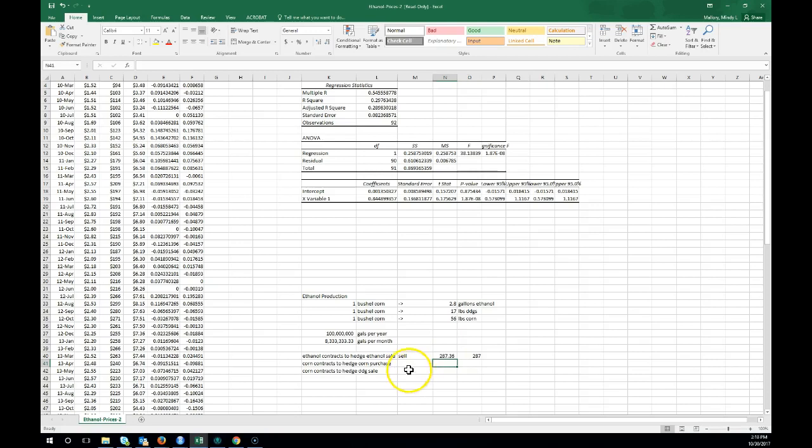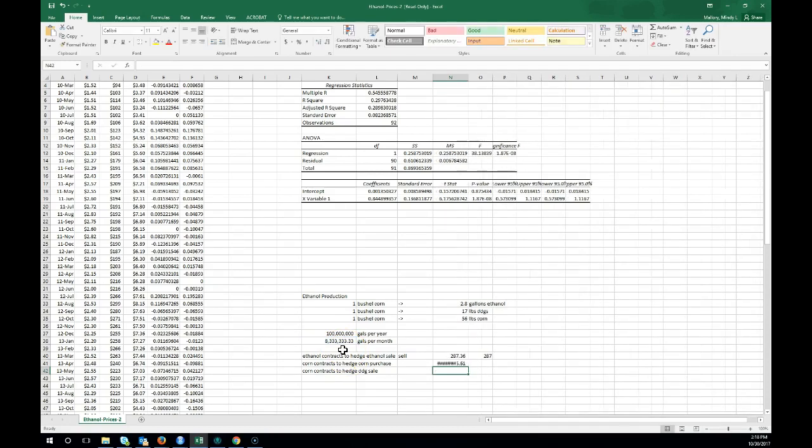Now how many corn contracts do we need to hedge? Well, how much corn do we need to produce that many gallons? Divided by 2.8 would tell us how many bushels we need. So we need not quite 3 million bushels to produce 8 million gallons.